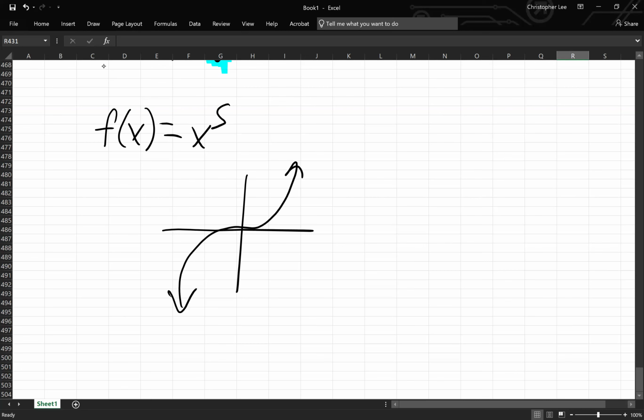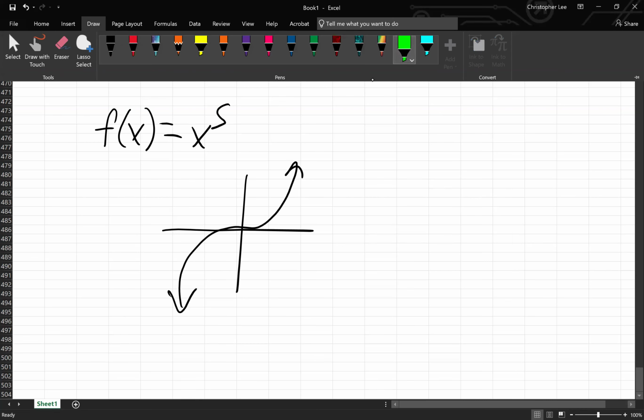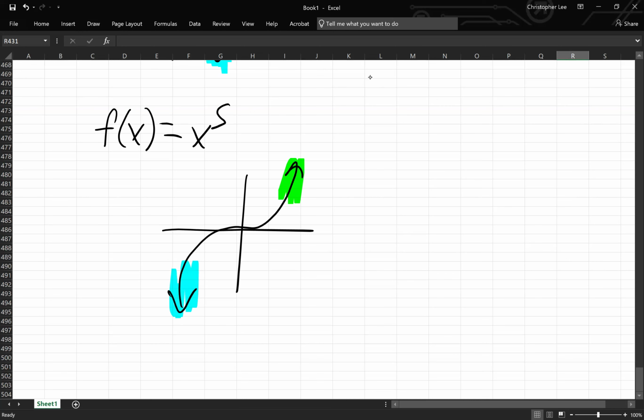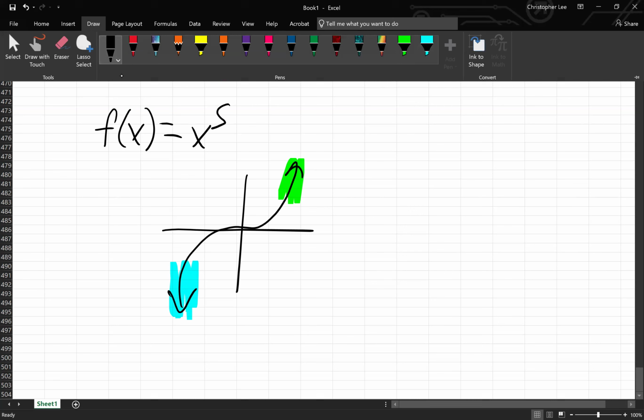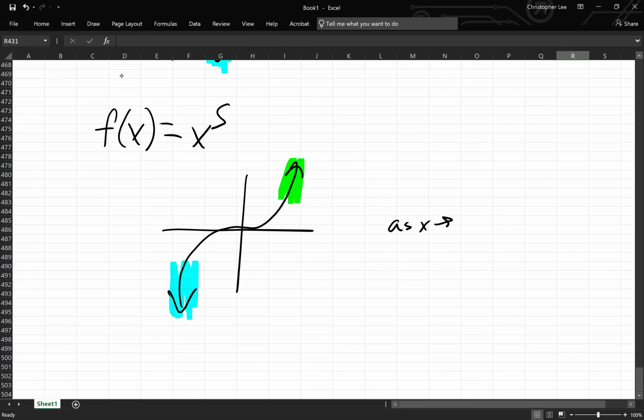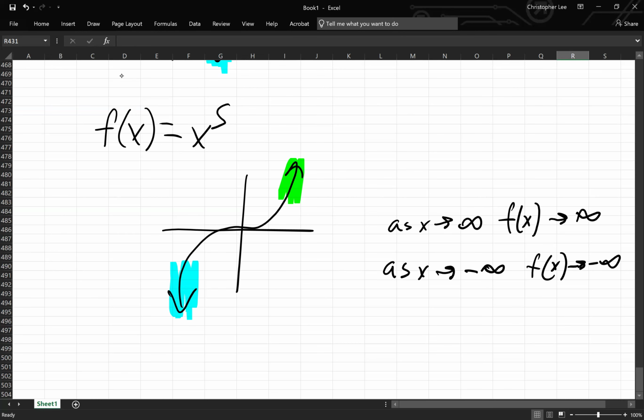So the end behavior would be positive, positive, and negative, negative. So this one, as x goes to infinity, f of x goes to infinity, and as x goes to negative infinity, f of x goes to negative infinity.